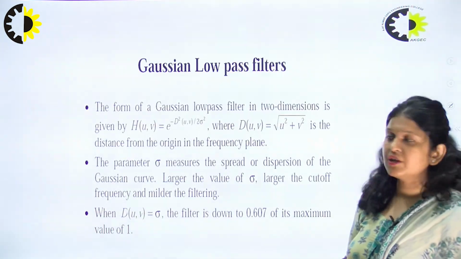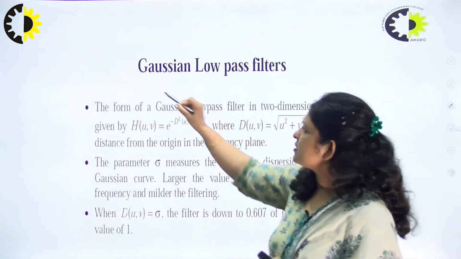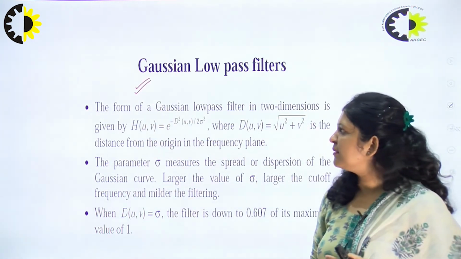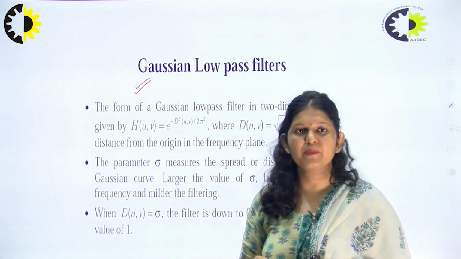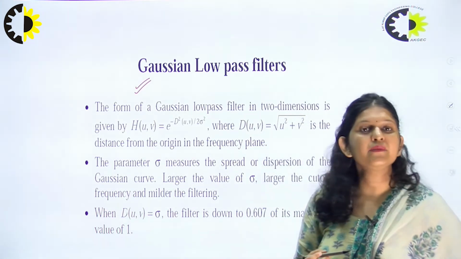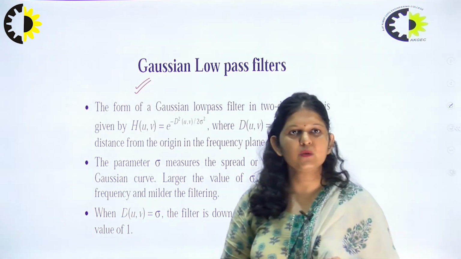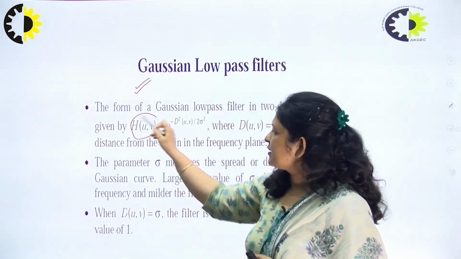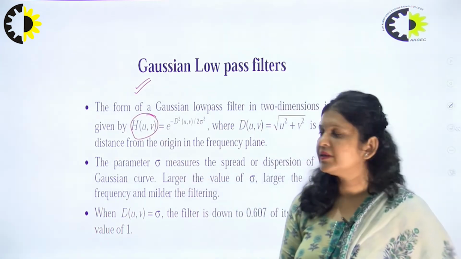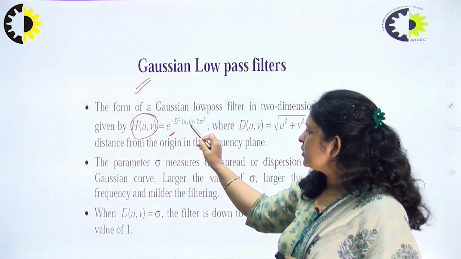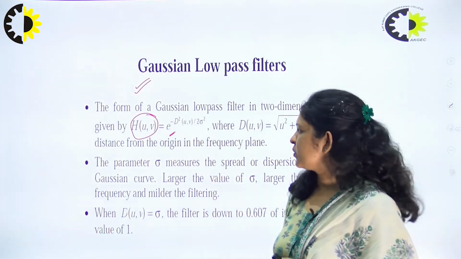Now the Gaussian low pass filter, I told you this is the filter which is in demand and is being used by most of the people when they are smoothing their images. The value of H of u comma v, the transfer function or the mask value here, is e to the power minus D squared u comma v upon 2 sigma squared.